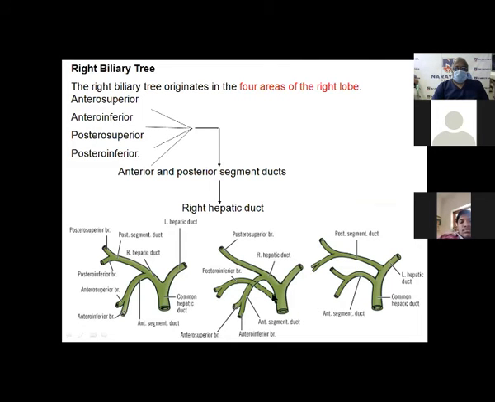These are the anomalies on the right. Sometimes you get a posterior inferior branch straight arising from the common hepatic duct. There's a right and left hepatic duct. And again, the anterior segment branch, there is no division here. The anterior segmental duct, that is anteromedial, arises straight from the common hepatic duct, not with a common stem like this. These are the anomalies.